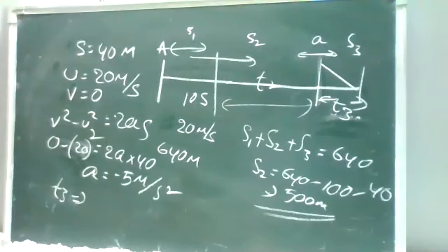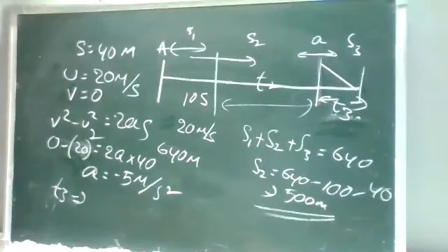Choose the relation yourselves, and then try to find the time period. Four seconds, sir. The time period is around 4 seconds. Good. The time period is 4 seconds.